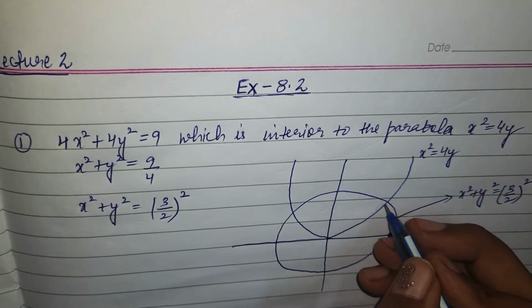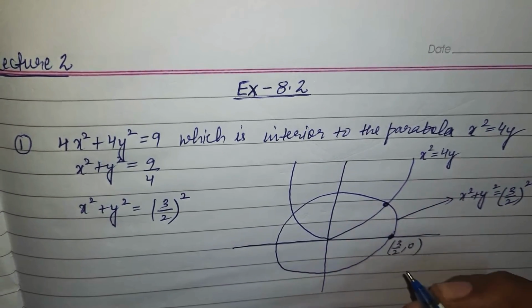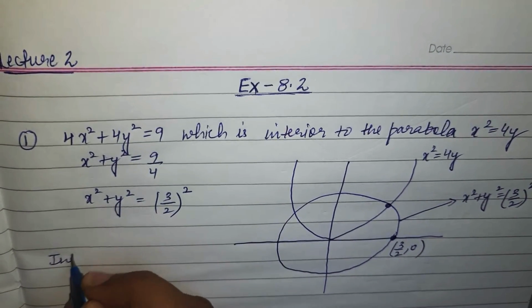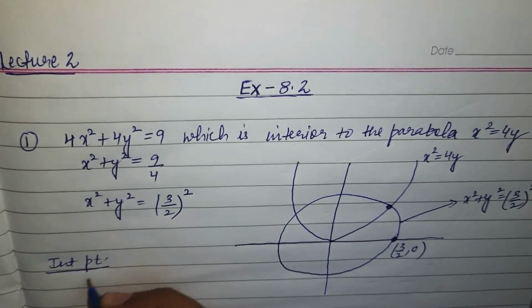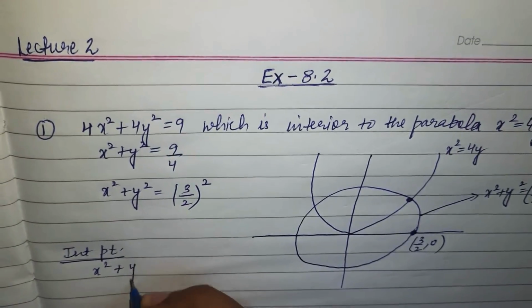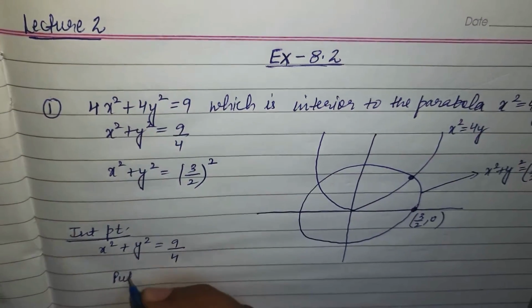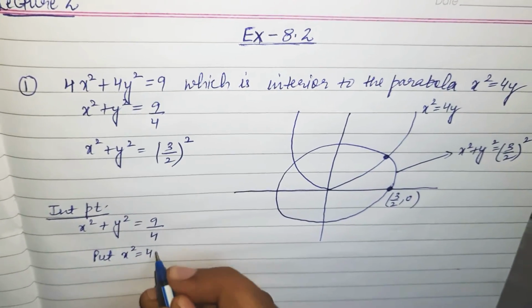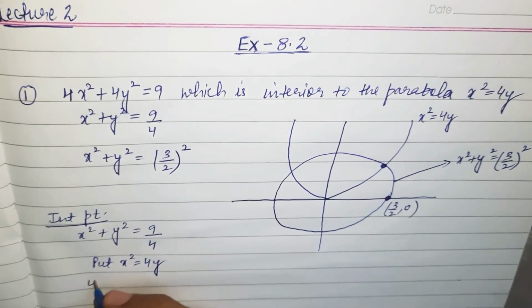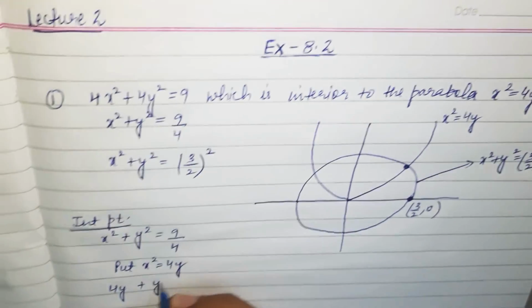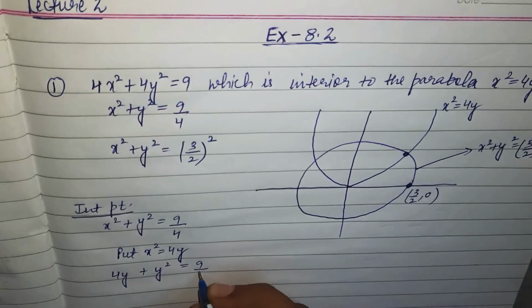Okay, firstly I need to calculate the intersection point. So for the intersection point, what you need to do, x square plus y square is equivalent to 9 by 4. So put x square as 4y. So you will be getting 4y plus y square equals 9 by 4.